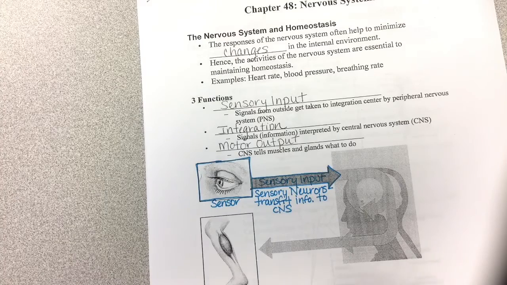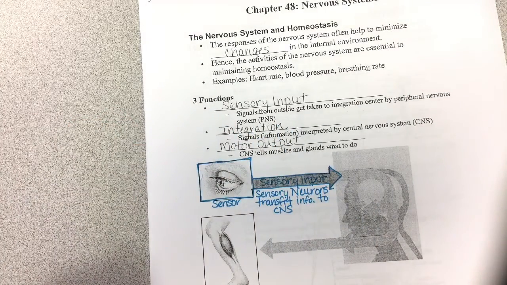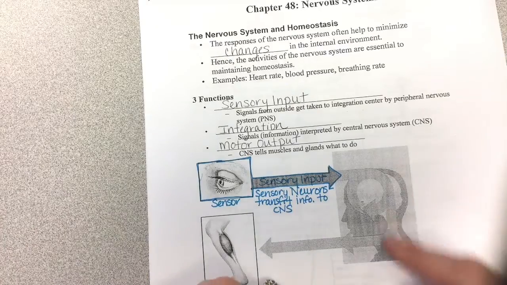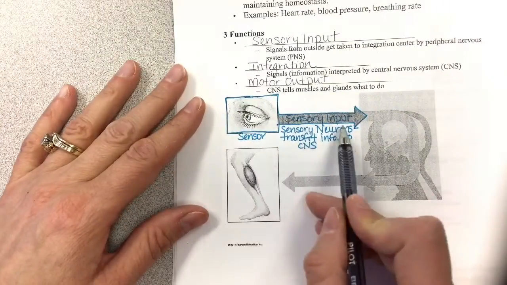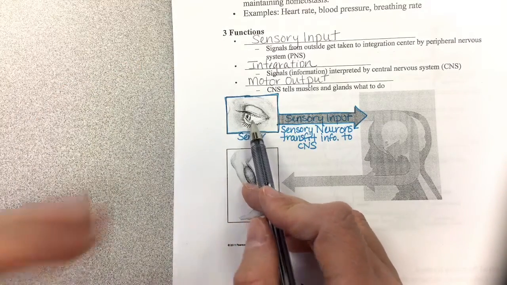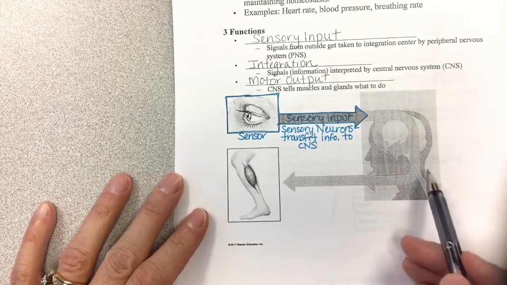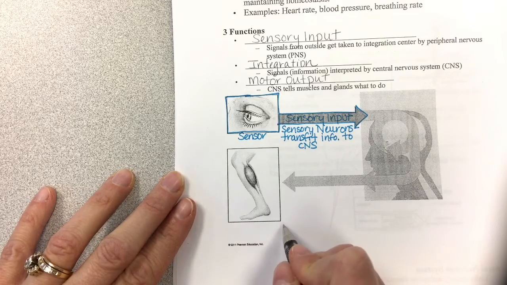Let's talk about the words here, peripheral nervous system and central nervous system. Your central nervous system is your brain and your spinal cord, so it's kind of central in your body. Your peripheral nervous system is the part of your nervous system that flows into or out of that central part. So for your sensory input, you have neurons, which are cells of the nervous system, that take that information to your brain and spinal cord. That part is your peripheral nervous system.